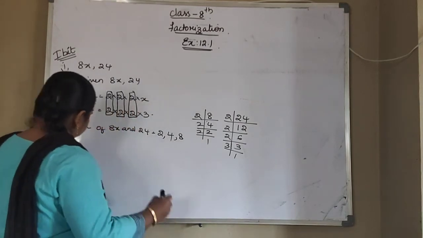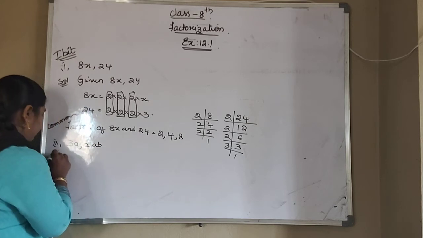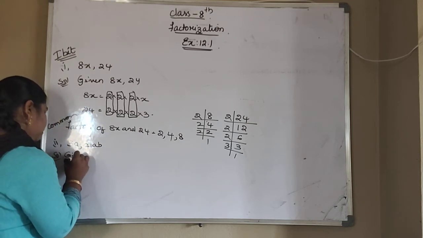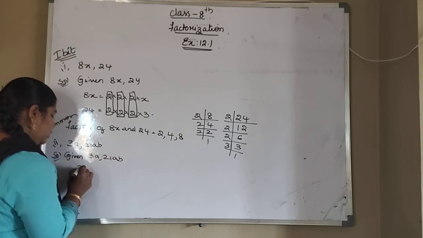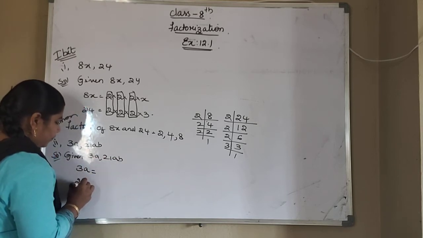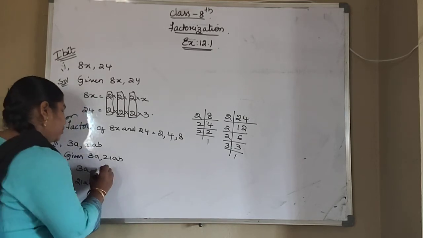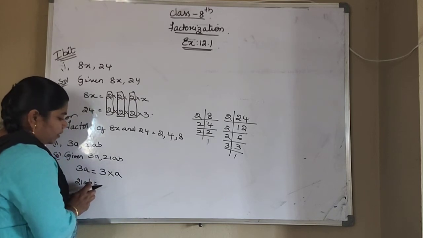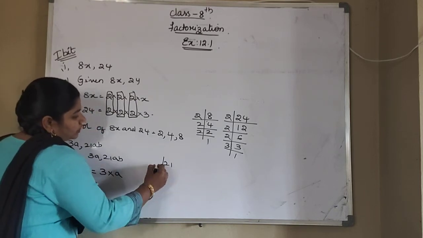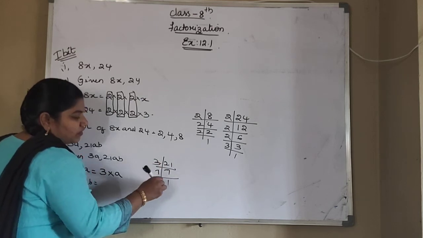Second one, 3a, 21ab. Given 3a and 21ab. 3 is already a prime number, so we can write 3 into a, and 21 can be written in the form of prime factors, 3 7s are 21, 7 1s are 7.